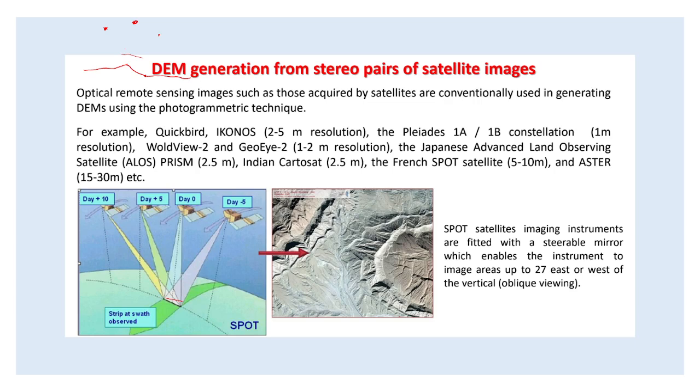So if you have multiple coverages of the same area at different angles, then you can actually generate good stereo pairs. It's not just with 2 images, but if you have multiple images, it's easier.